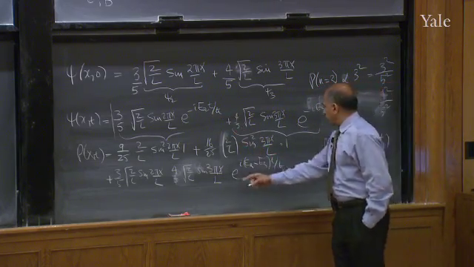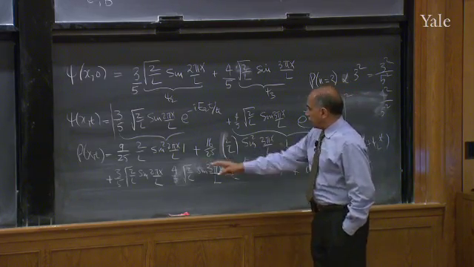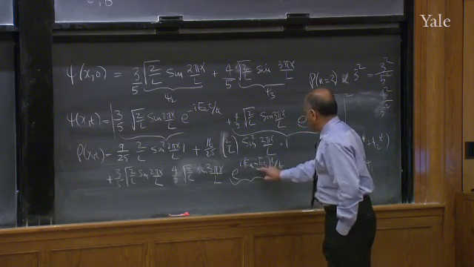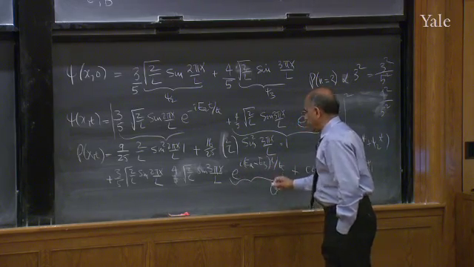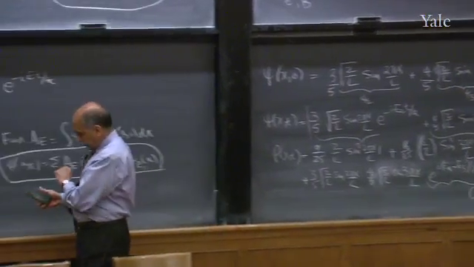So I'll get a term like this plus this complex conjugate. I don't want to write that in detail. If you combine this function with the conjugate, you will find this plus the conjugate will give me a cosine.